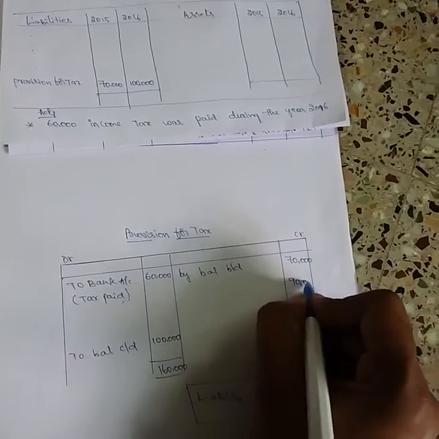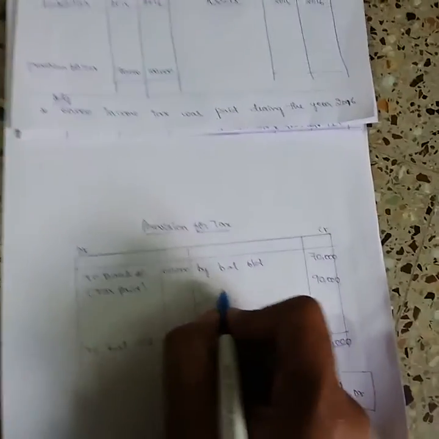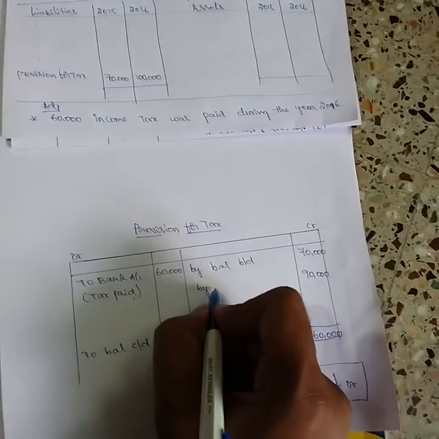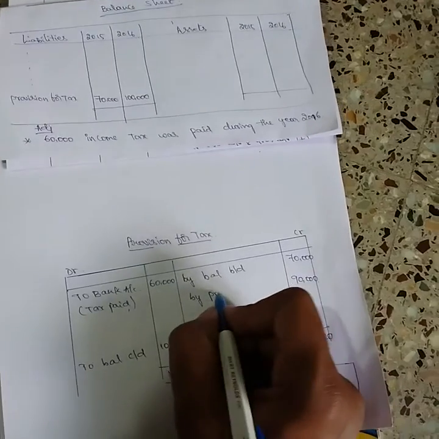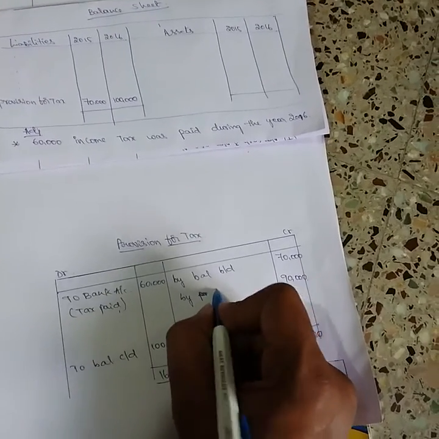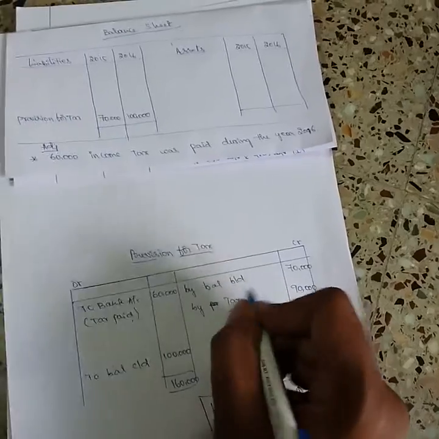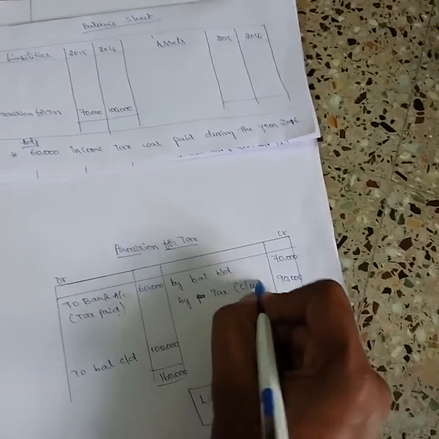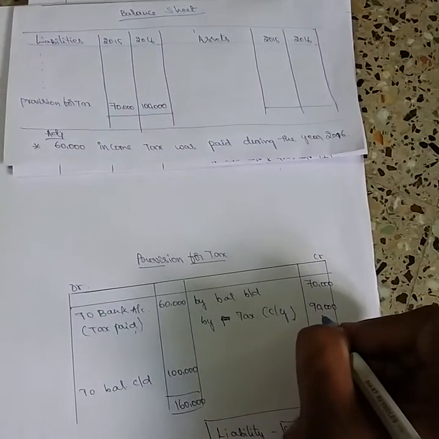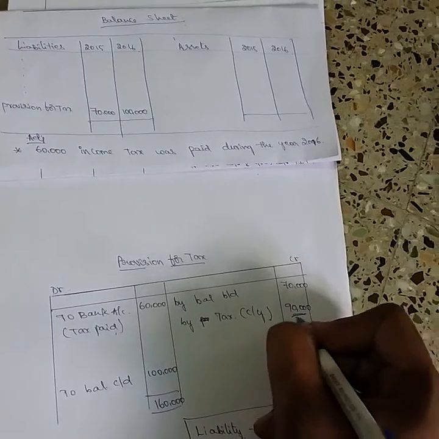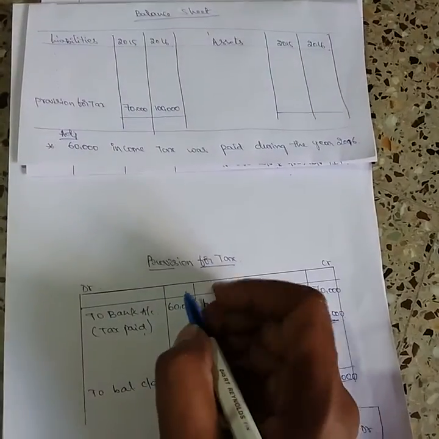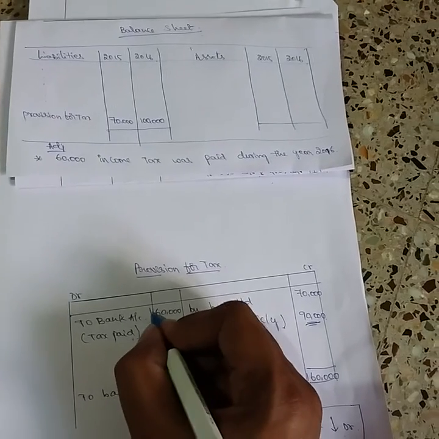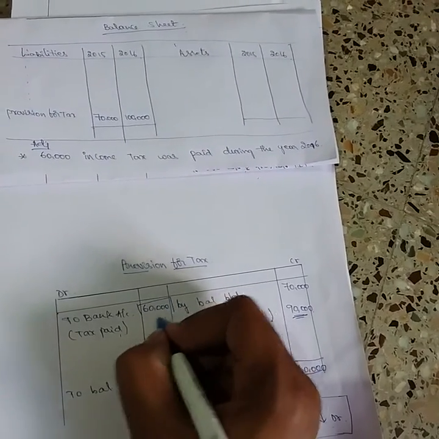So this 90,000 balance is known as current year tax, income tax. So this 90,000 is current year provision for tax, and 60,000 is tax paid during the current year.